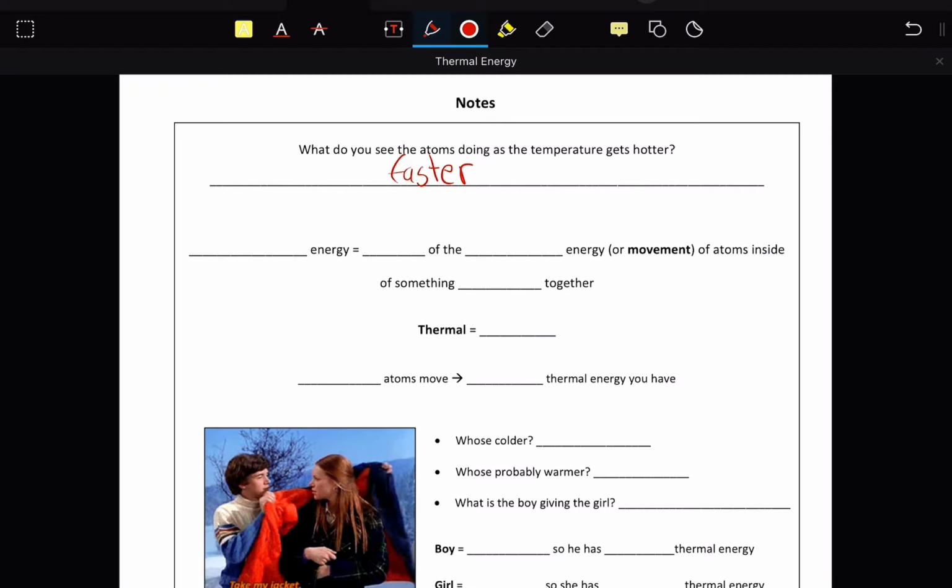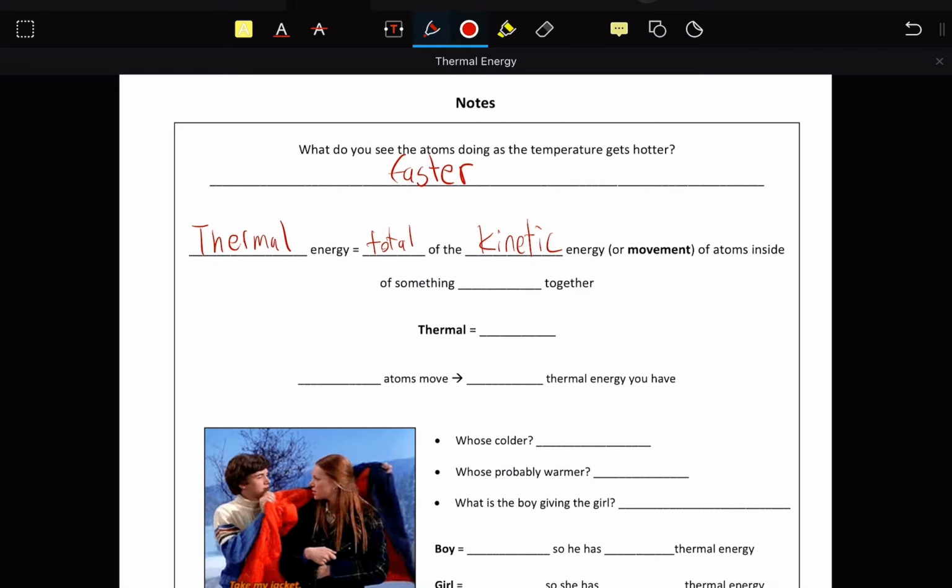And that takes us right into thermal energy, which is the, not the speed, I'm sorry. It's the total of all the kinetic energy or movement of atoms inside of something.